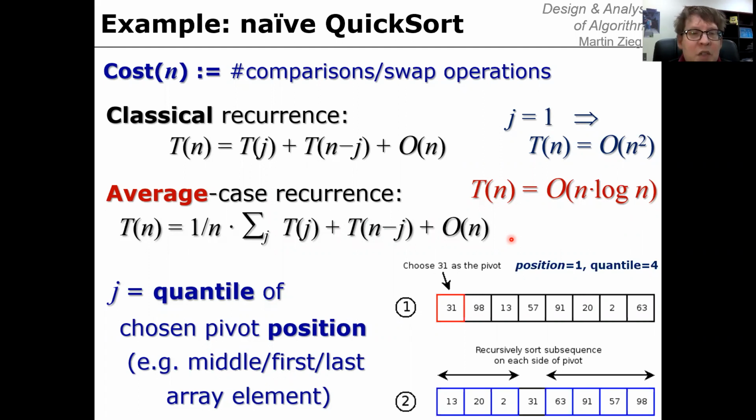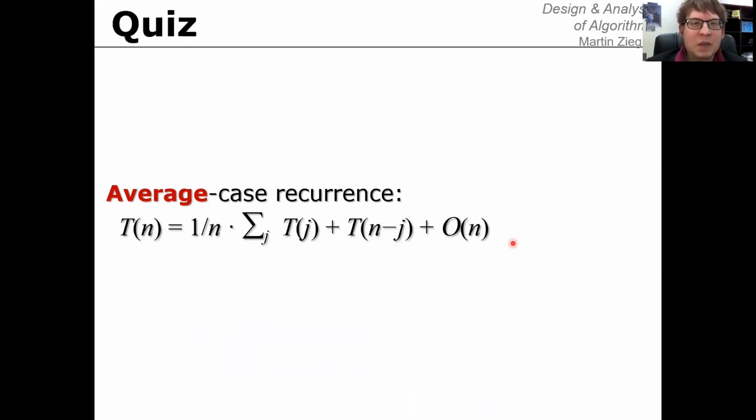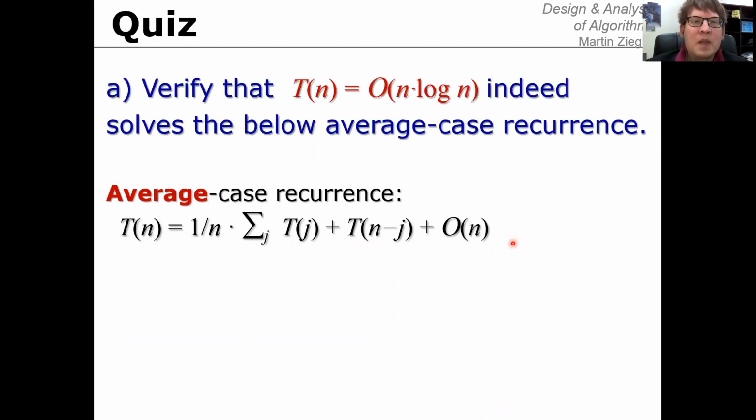And now, surprise, surprise, a quiz. Here we'd like to ask you to first verify that O of n log n indeed solves the average case recurrence of QuickSort that we have derived here.